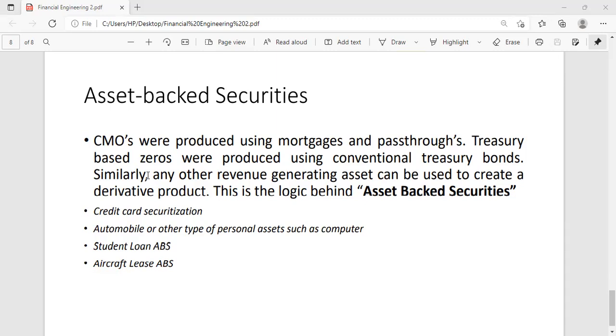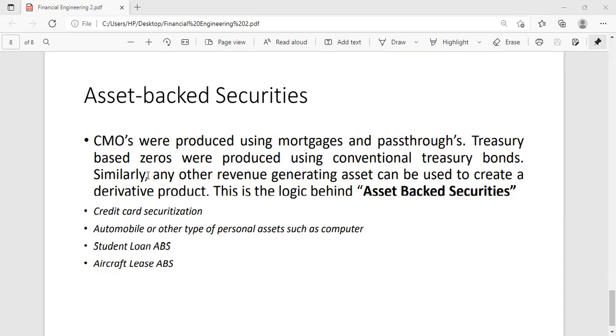Any cash flows from credit cards, automobile loans or personal assets such as computers, student loans, aircraft leases, any cash flows from these instruments that back the debt issuance, then it is called asset-backed securities.